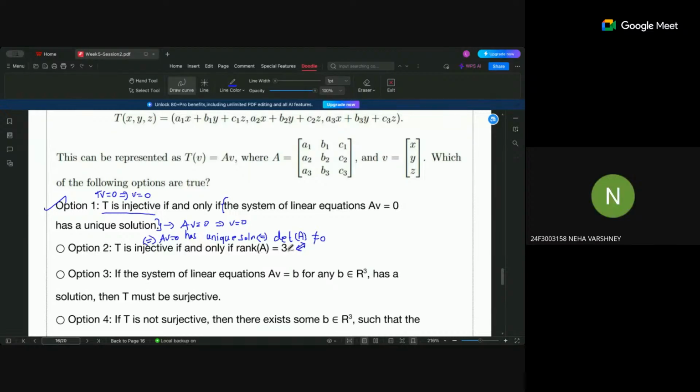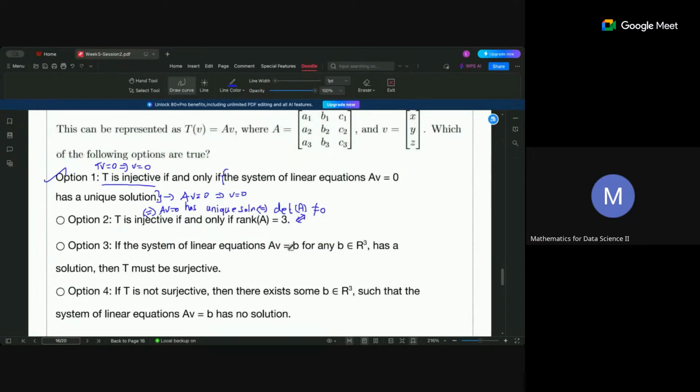Clear? Okay, ma'am. Fine. So option 3, you just have a rewritten version of the definition of surjective. What is the definition of surjective?